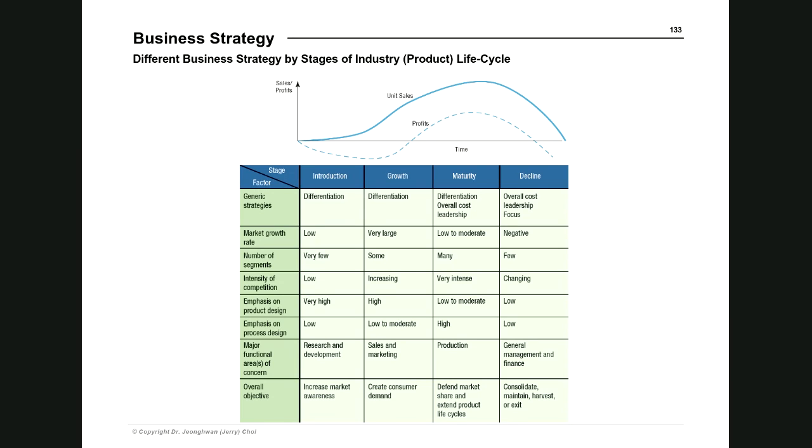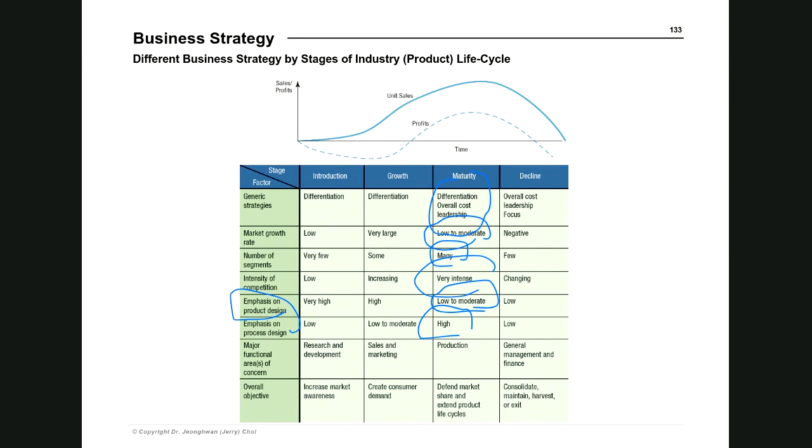Here, there is a differentiation over the cost leadership. So cost leadership is probably the best strategy, with low to moderate and many numbers of segments we need to cultivate, and a very intensive library, and low to moderate emphasis on the product design. And the price will tell. And the emphasis on the process design, absolutely we need to improve operational excellence, operational efficiency.